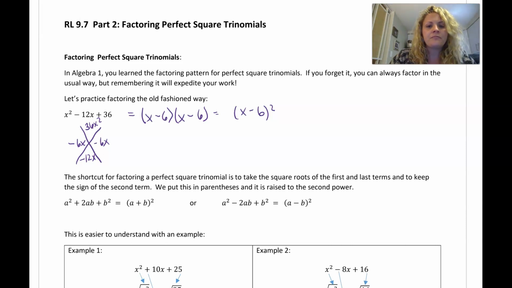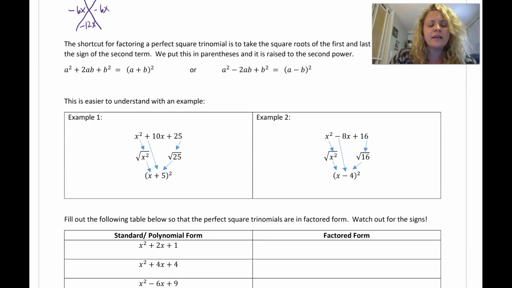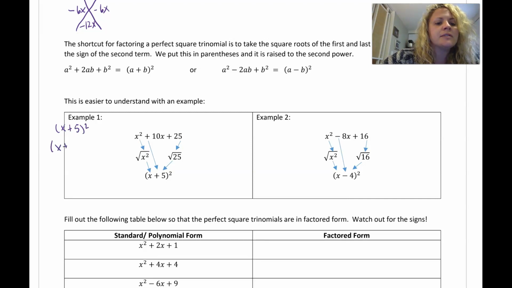So I'm going to scroll down here, and if we look at examples 1 and 2, we can always go back and factor the old-fashioned way. But I'm going to look at example 1 from the answer and work backwards. So from example 1, let's say that I consider x plus 5 squared. And I know that's x plus 5 times x plus 5.